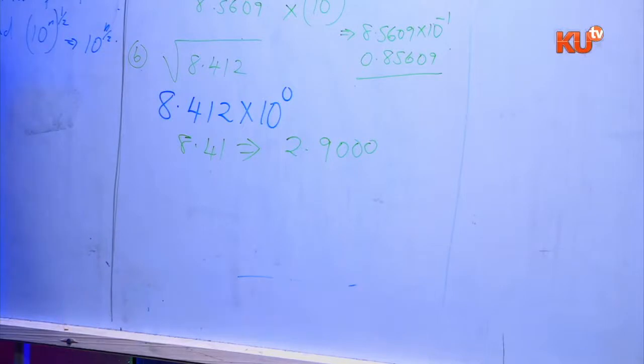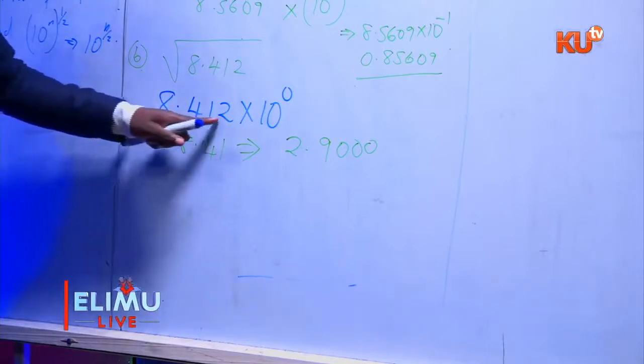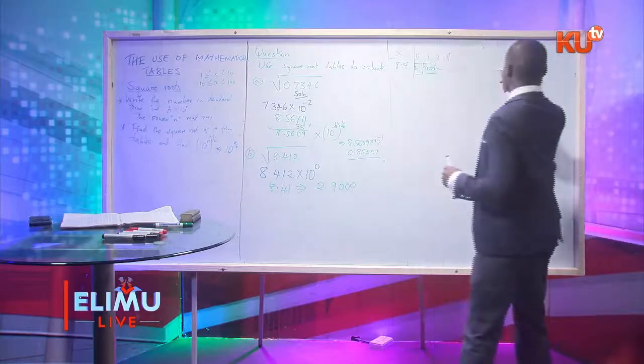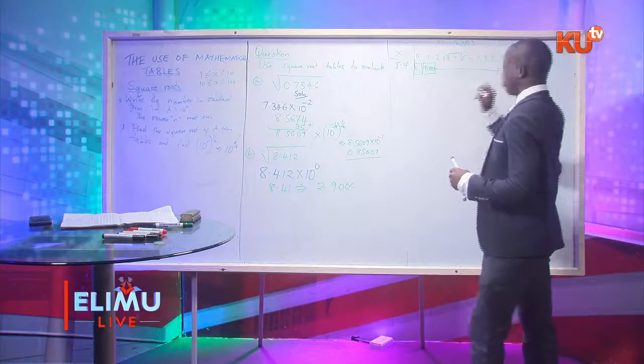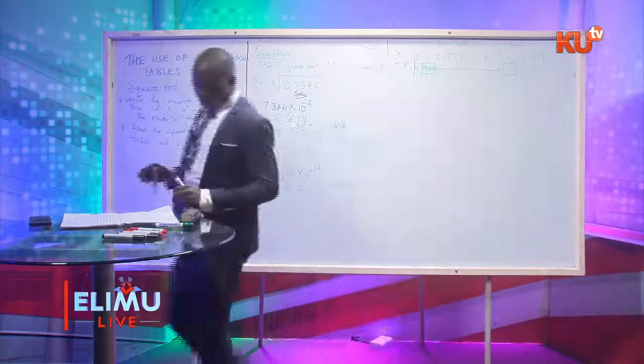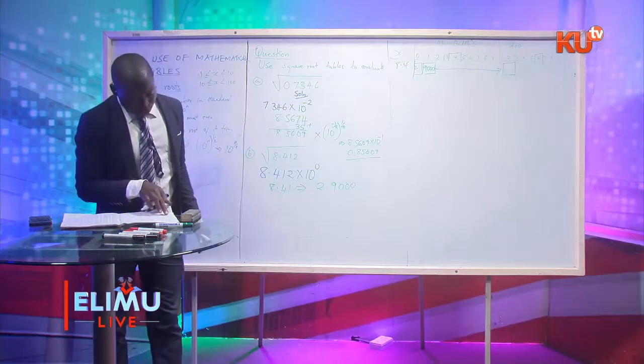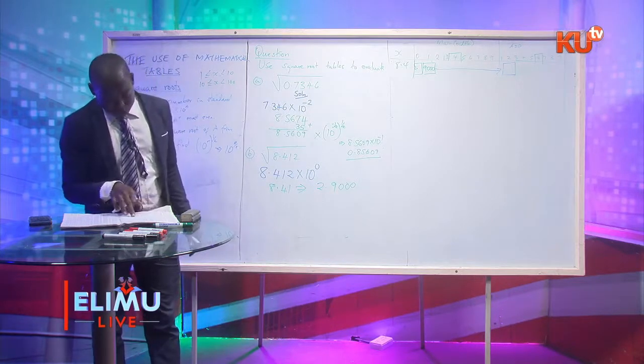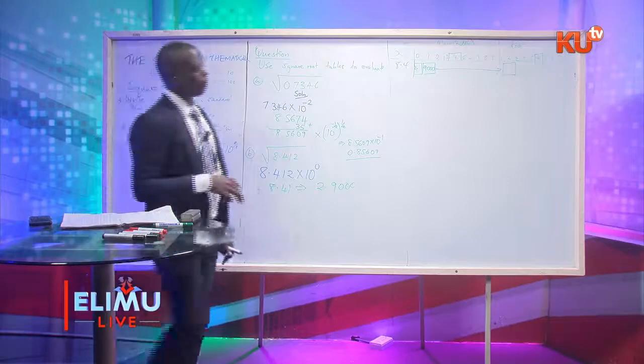So we have 2.9000 and move along the same line to where there is 2 in the addition column. So you move along the same line to where there is 2. Where there is 2, we have 3.